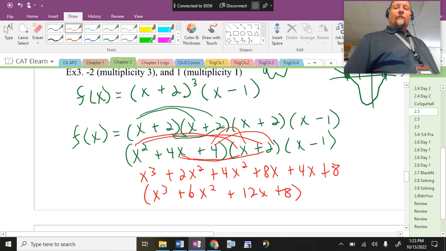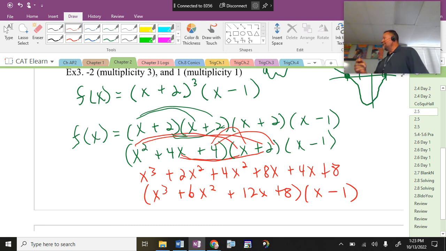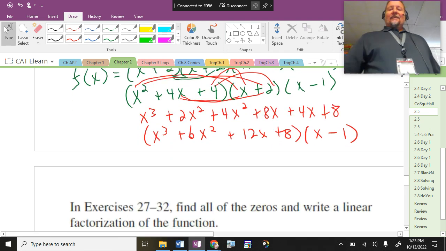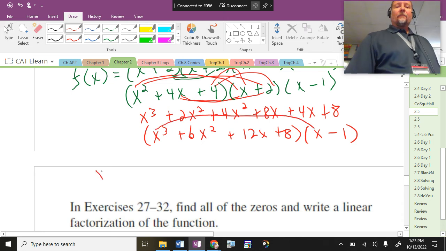But this is like the infomercial from heck. But wait, there's more. Now I got to multiply by x minus 1. Are you okay? You just made a face. Yeah. Okay. So here we go. Oh, Lord. I'm going to try to do colors and we'll slow it down. There's x to the 4th.